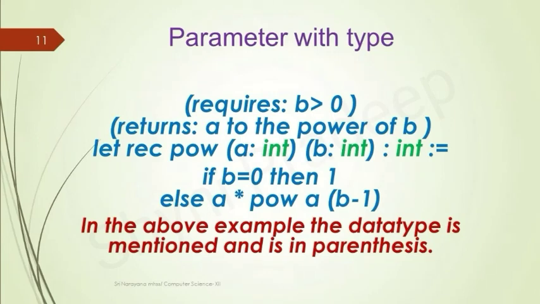You have to evaluate the postcondition after the execution of the function. And let is a keyword. Here a recursive function is used, so you have to add rec. And next an if condition is given. If that condition is true, then it returns the value 1 in the output. Otherwise the else part will be executed. It returns the result in the output screen.